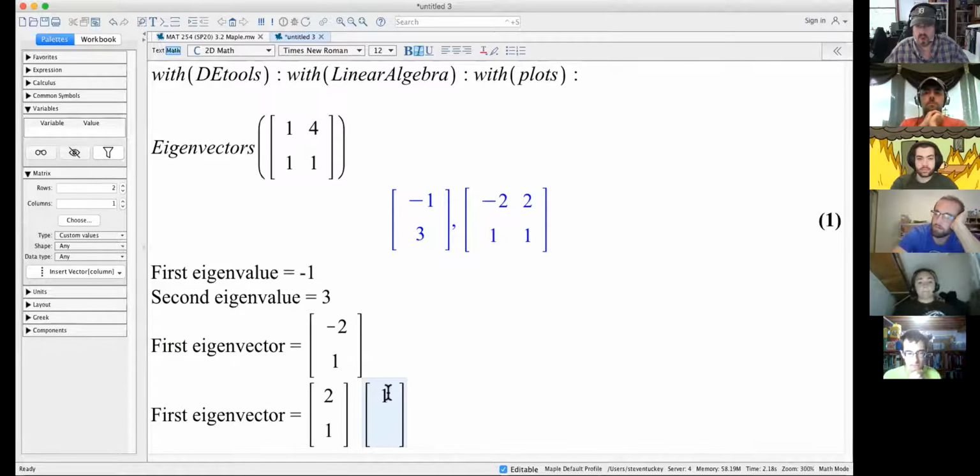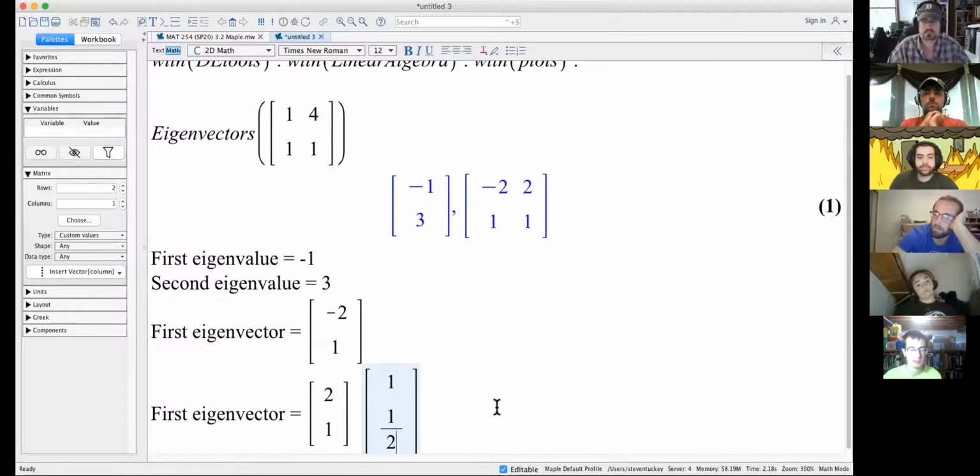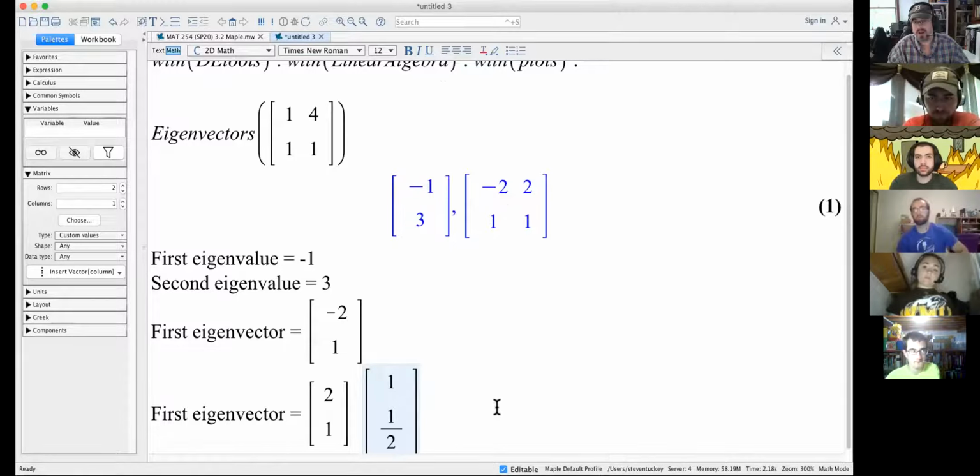So if I go right 1, what does this number have to be? That would be 1/2. And that is a 100% equivalent vector direction. Now you might say, but it's a different vector. Well, it's pointed in the same direction, and that's all that matters. So whether you go right 2, up 1, or right 1, up 1/2, you're pointed along that same line.